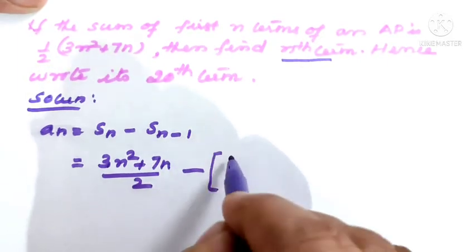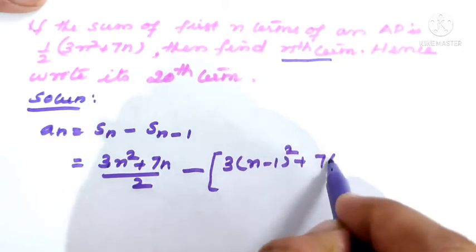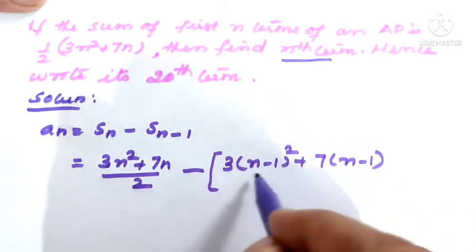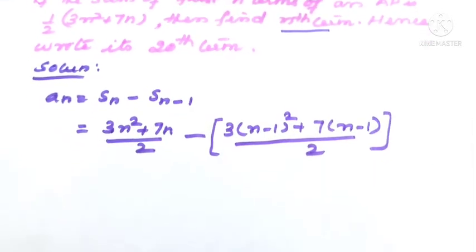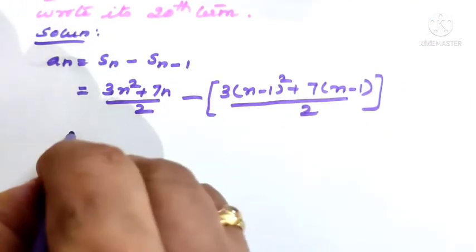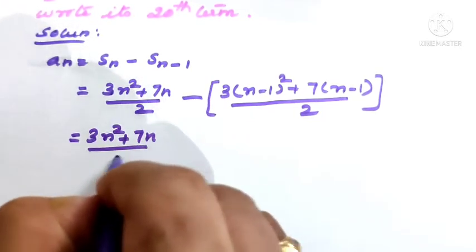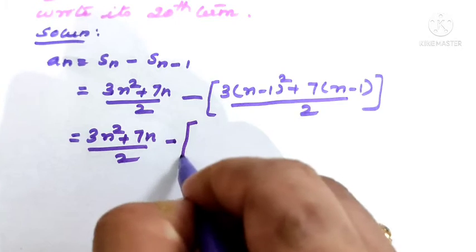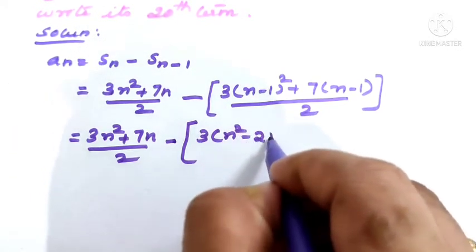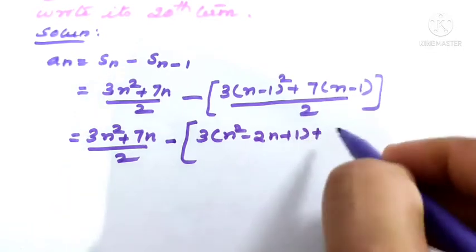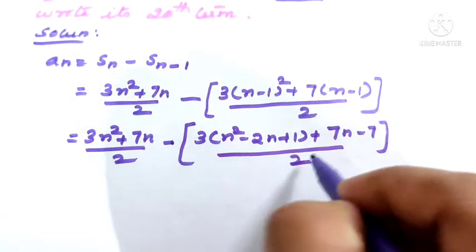So bracket 3 bracket n minus 1 whole square plus 7 into n minus 1. n is changed to n minus 1, right? Now what is the next step? Expand the brackets. So 3n square plus 7n by 2 as it is, there is no change, minus again bracket 3 into n square minus 2n plus 1 plus 7n minus 7, whole divided by 2.